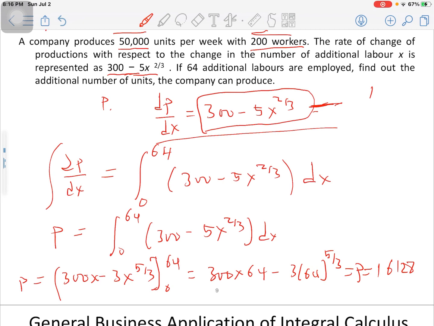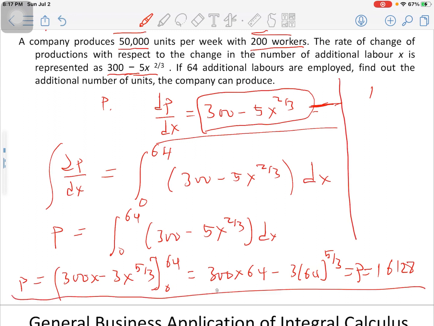So the number of additional units produced will be around, as I said earlier, 16,128. So the total number of units produced by maybe 264 workers will be, right, let me find here.